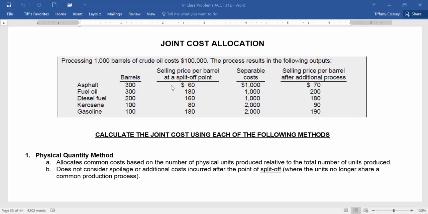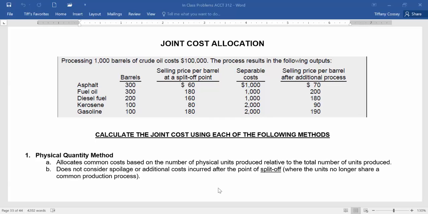This particular problem doesn't mention spoilage, so we wouldn't have to worry about it. But if you receive a problem that has spoilage in it, you will ignore it for the purpose of calculating the physical quantity method. Also, you will not consider any costs incurred after the split-off point, where the units are no longer involved in a common process.